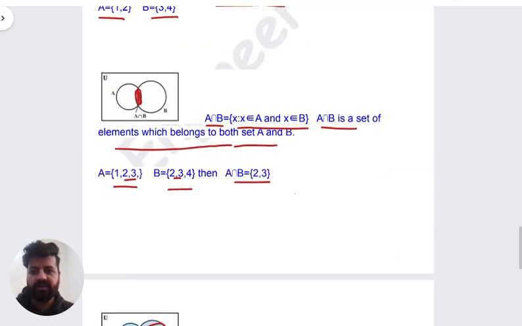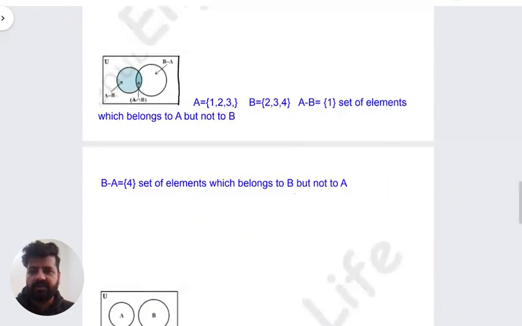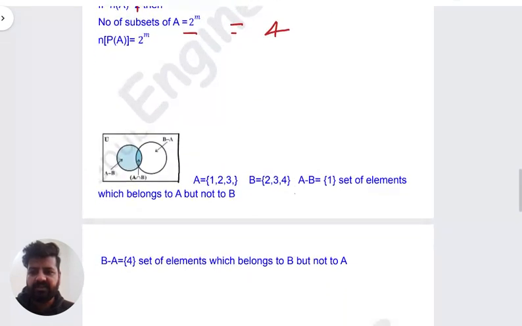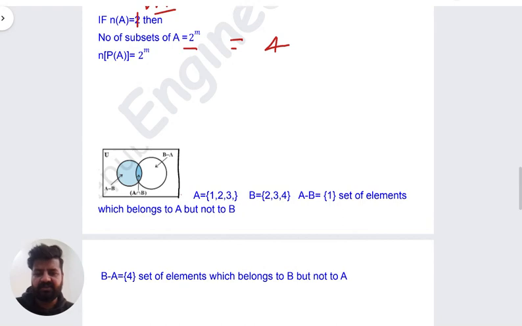Okay, come to the next point, that is, my dear, as you can see, this is A minus B. This is a difference, subtraction. If we subtract a set from another set, suppose there is a set A and set B and this is the intersection area, this is the common area of A and B. If we subtract B from A, then what will happen?